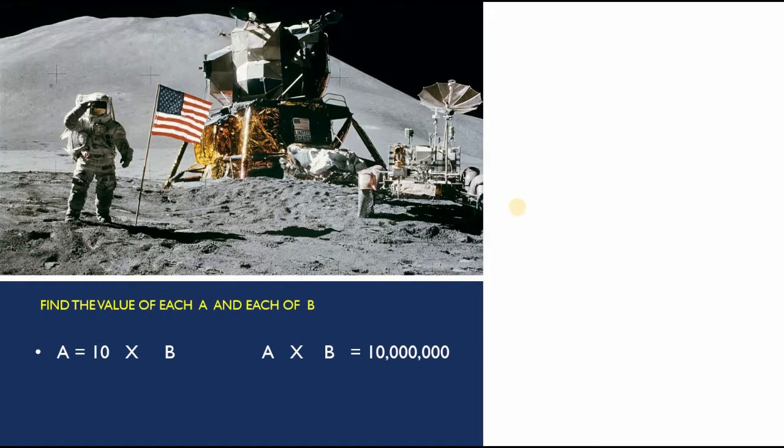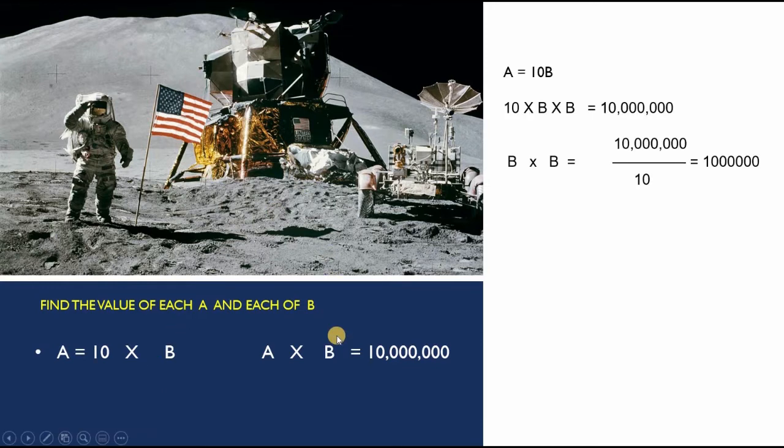Let's look at another example. Find the value of each A and each B. A is equal to 10 multiplied by B. A multiplied by B is equal to 10 million. If we assume these two conditions are true, then we can rewrite A as 10B, and instead of A we write 10B. 10B multiplied by B is equal to 10 million.